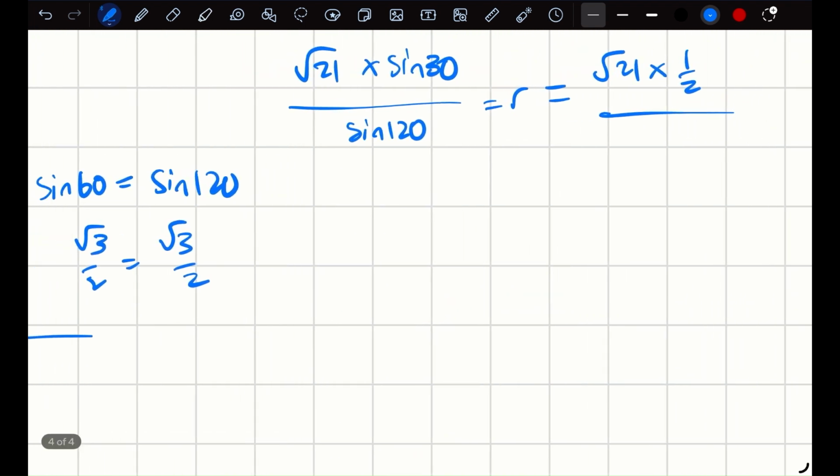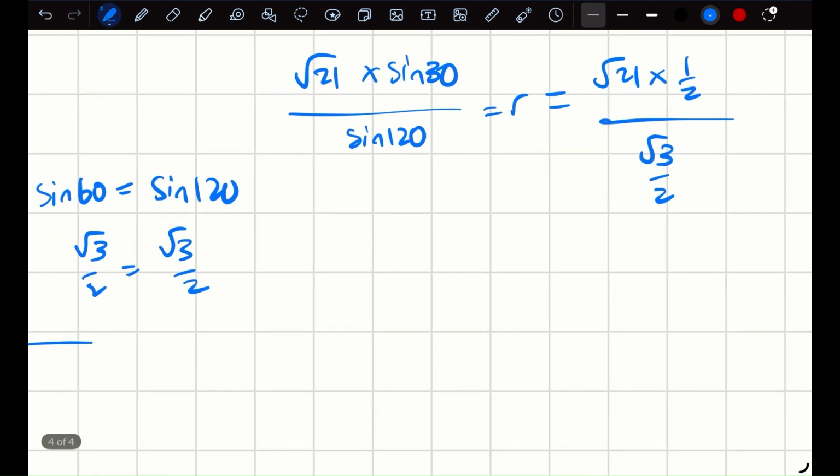So we have root 3 over 2 here. So root 21 over 2 over root 3 over 2. The 2s cancel out, right? Because it's the same thing as multiplying by a half on both the numerator and the denominator.